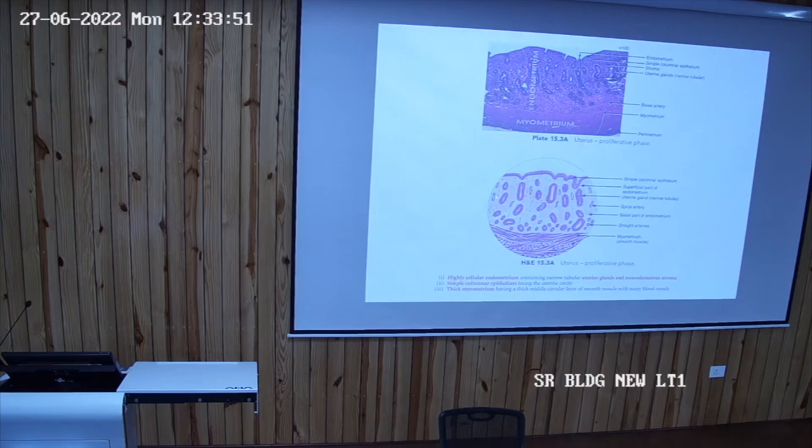These glands are straight, not tortuous, a very important point. In the proliferative stage the uterine glands are straight and short, while in the secretive phase the uterine glands become tortuous. They are not straight. The muscle coat remains the same in both stages. So this is the diagram in the proliferative phase.